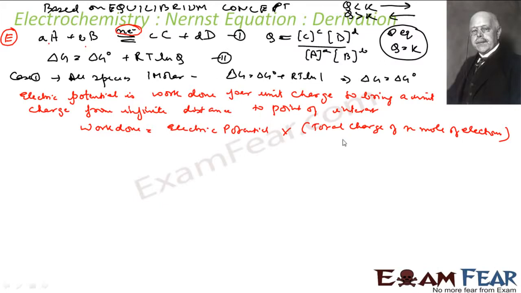So we have to first find the total charge on n moles of electrons. We'll multiply with the electric potential, and we'll get the work done by the system, correct? So first find the charge on n moles of electrons. Let's do that. See, we know that charge of one electron is what?